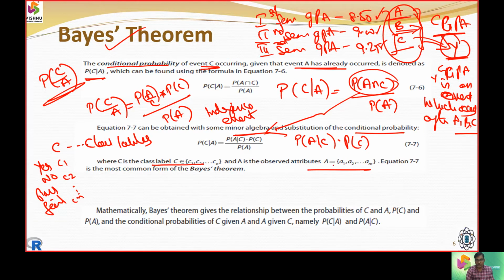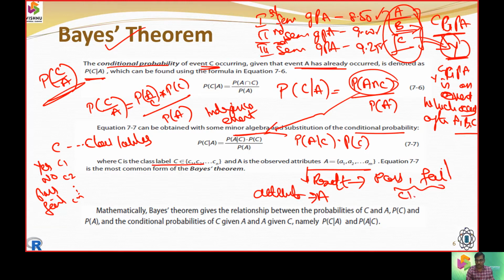And the attributes we are going to take up, I can say result. What is result? Result is equal to pass or fail. Now the attribute is going to be called A, and pass and fail we will call C1, C2, the classes. That is the distinction you should understand.